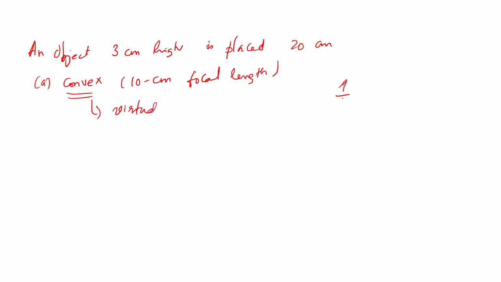So we know that the mirror equation is 1 over s plus 1 over s prime is equal to 1 over f, right? If I place the object to the left of the mirror, then I can consider this as a positive distance, so 1 over 3, plus I don't know the image distance, so I'm going to say 1 over s prime.